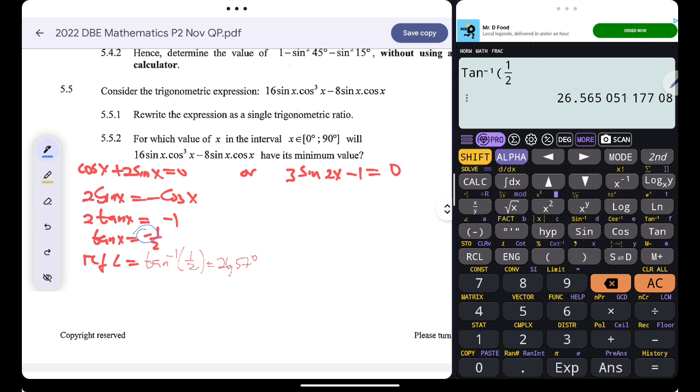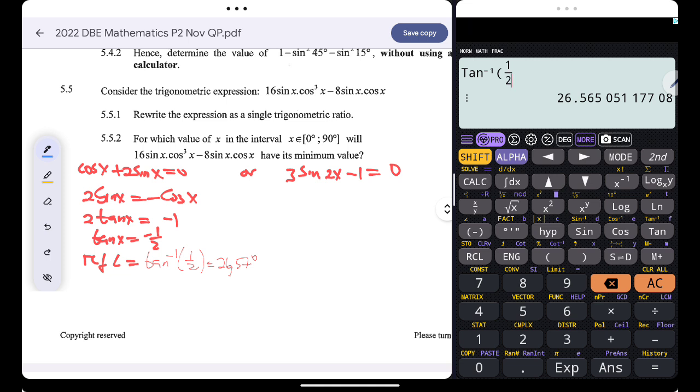Because tan x was equal to a negative number, right? But remember that I can only express my reference angle for tan, it's either in the first quadrant or second quadrant. If tan x is equal to a positive number, I will express my reference angle in the first quadrant. If tan x is equal to a negative number, I will express my angle in the second quadrant.